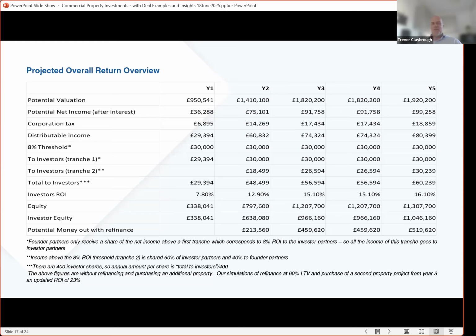So they see who's doing the legals, who's doing the management, and they can see immediately what the income is, what the potential income is, and go for it simply as an investment.